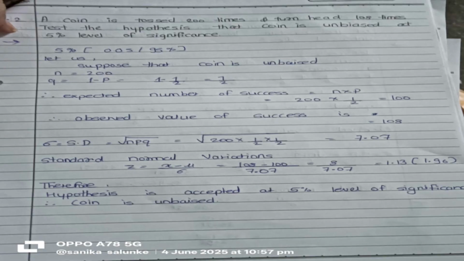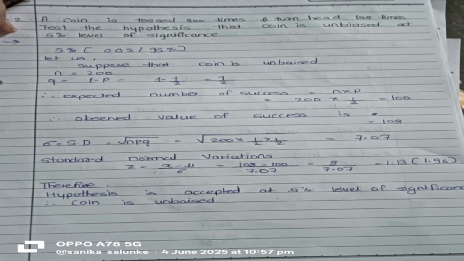Now compare the Z statistic with the critical value. For the 5% level of significance, two-tailed test, the critical Z values are approximately plus or minus 1.96.